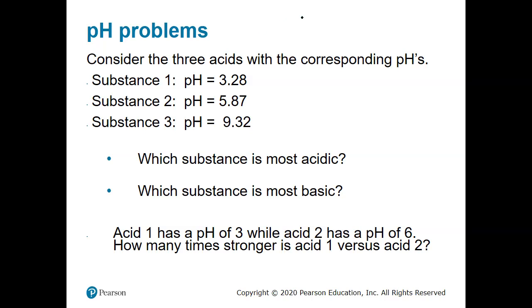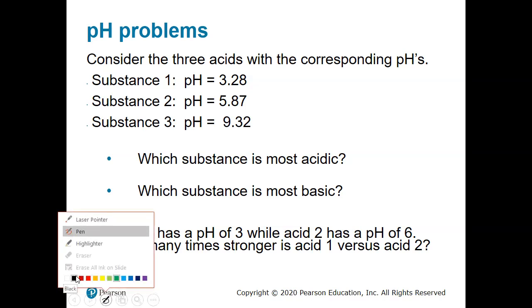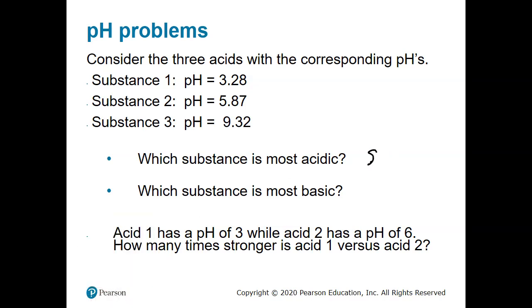Yes, absolutely. Our most acidic substance is going to be substance 1. It's got the lowest pH. And pHs ranging from 0 to 7 are considered acidic. The closer they are to 0, the more acidic we would consider them.